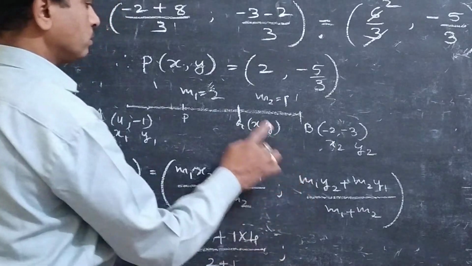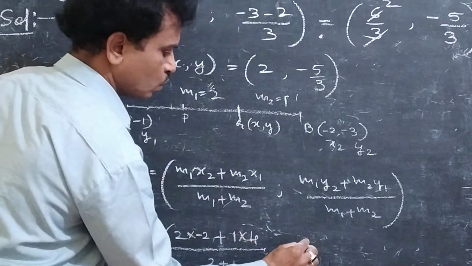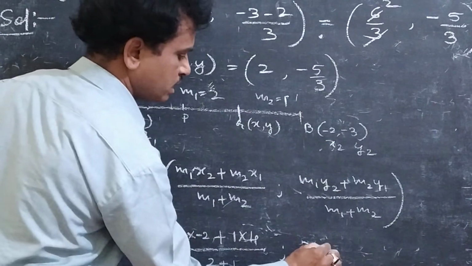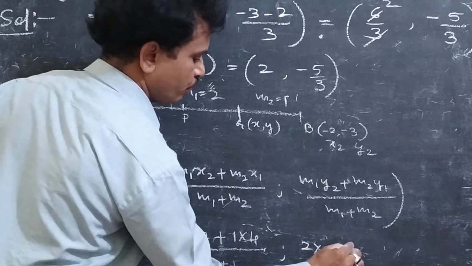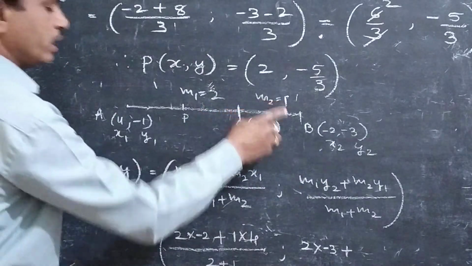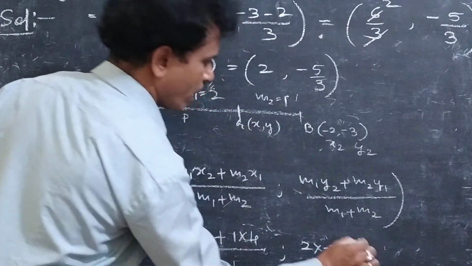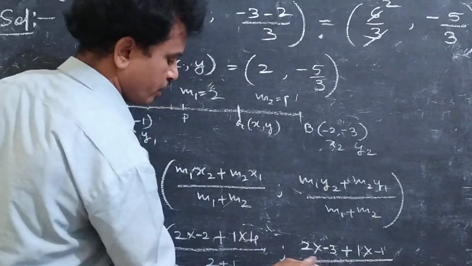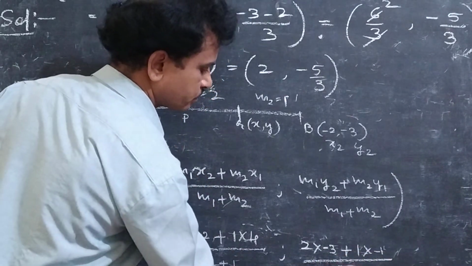Then m1 is 2 into y2, y2 is -3, plus m2 is 1 into y1, y1 is -1, whole divided by 2 plus 1.